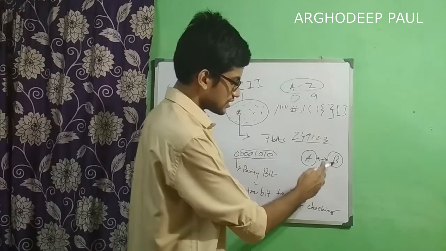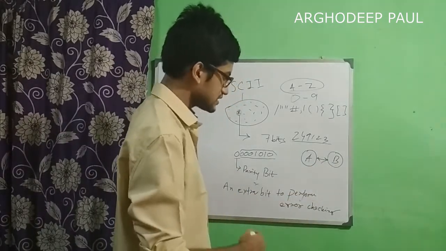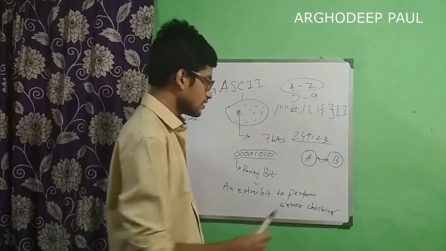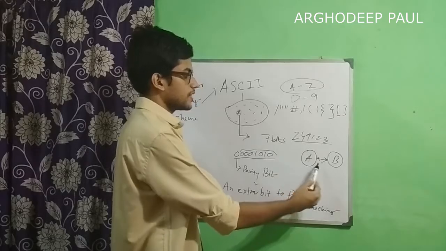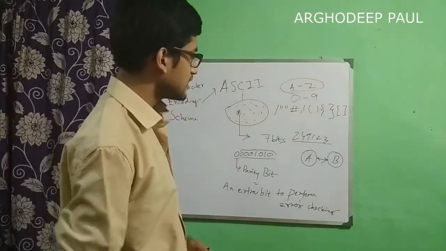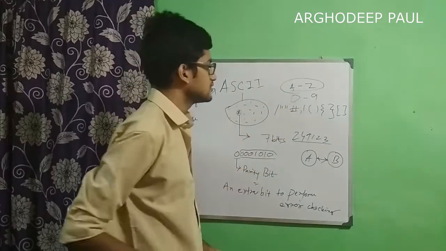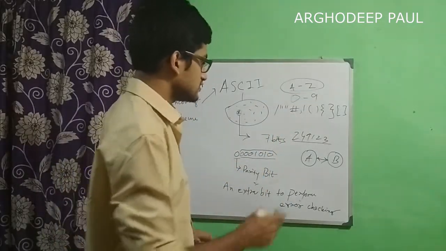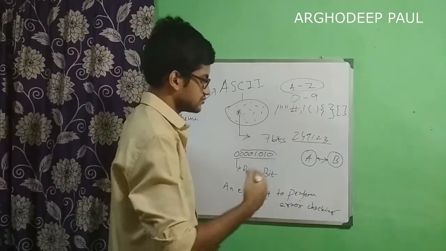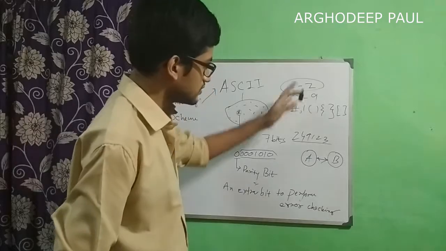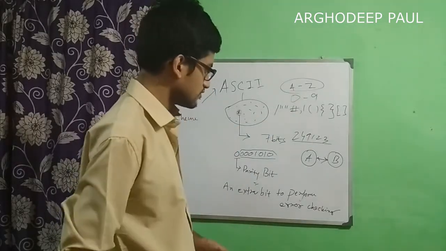Let's assume this is any kind of communication: simplex, half duplex or full duplex. A and B are both sending data which contains these characters, but it will not be transferred simply as these characters. They will be encoded through ASCII encoding.